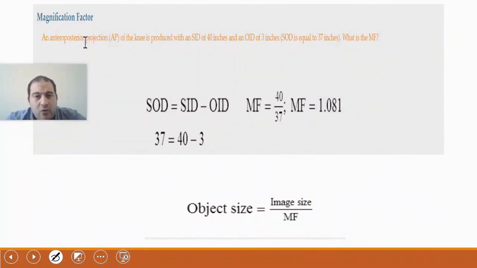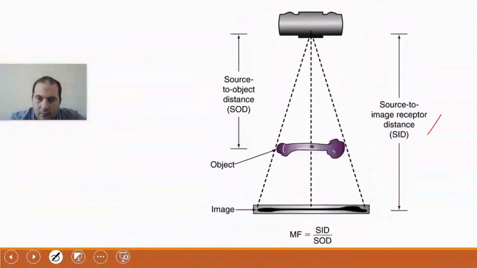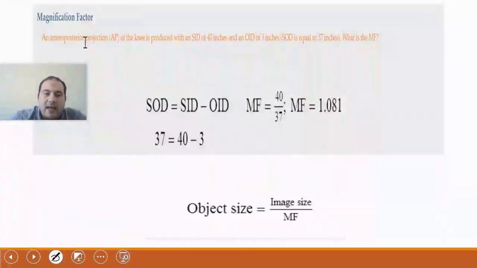In this case, the source to object distance, SOD, will equal the difference between SID and OID, which is 40 inches minus 3 inches, so 37 inches. With the SOD and the SID, the magnification factor is the SID divided by the SOD.